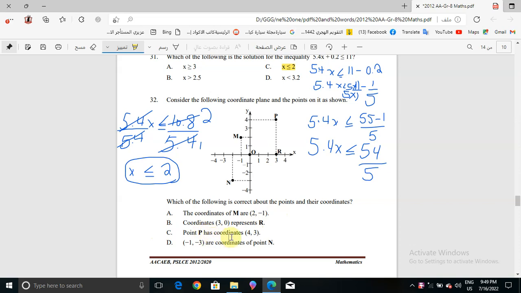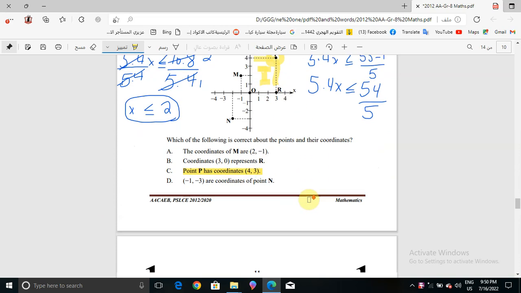Point P has coordinates 4 and 3. P has what? 4 and 3. And it is in the first quadrant, which is positive. So the correct answer for question number 32 will be choice C.